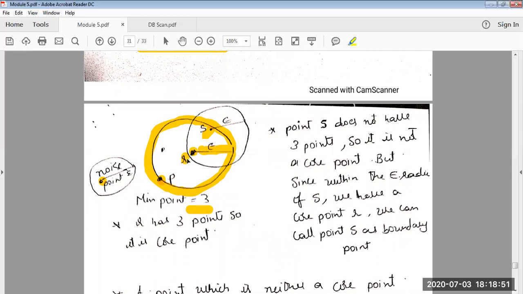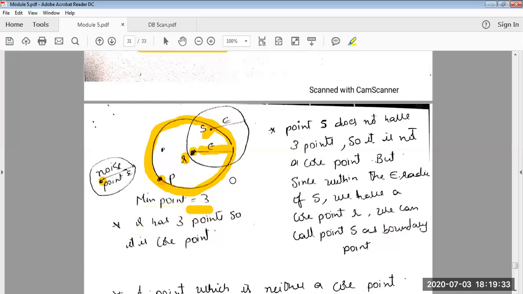R is the first point, S is the second point, you can see it is within the circle, P is the third point. 3 points are there within the circle. So now I can declare point R as a core point, because as per the previous statement, a point R can be declared as a core point if it has the minimum number of points as defined in the algorithm within the epsilon radius.